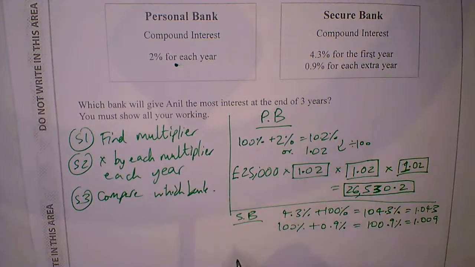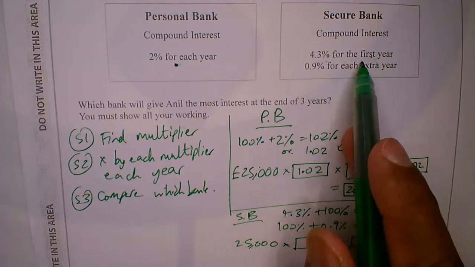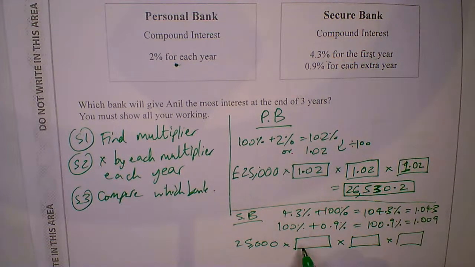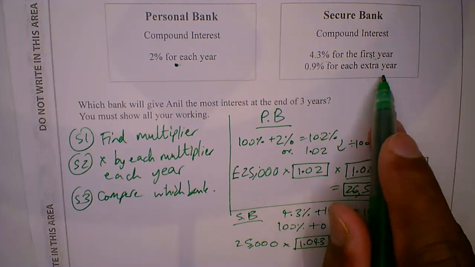So now I've got £25,000 times each year. The first year is 1.043, and then 0.9% for each extra year.